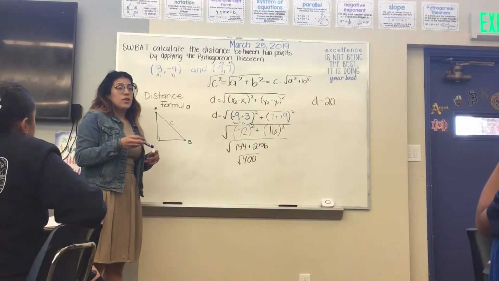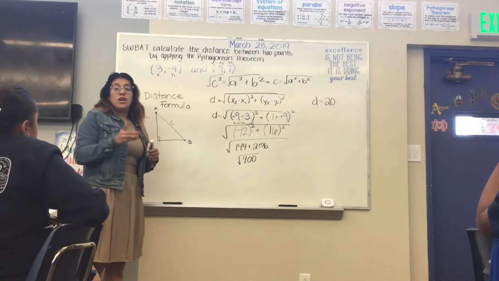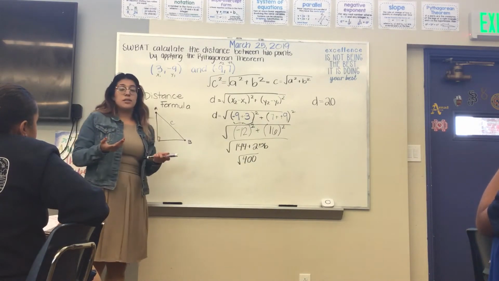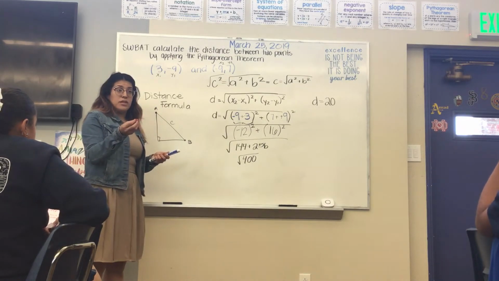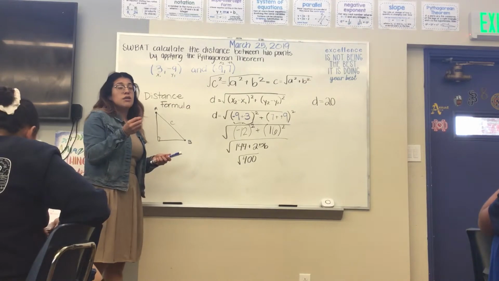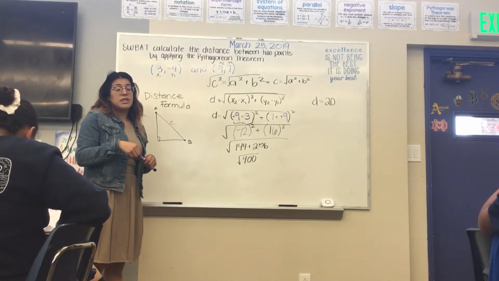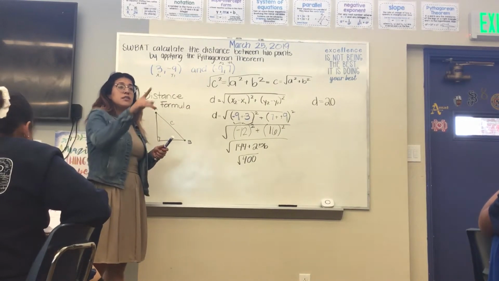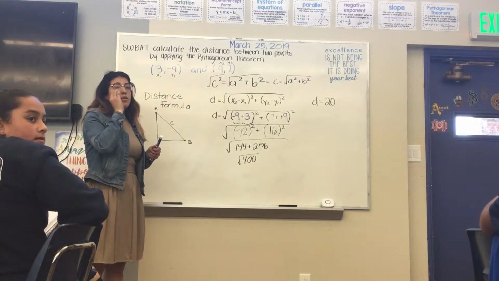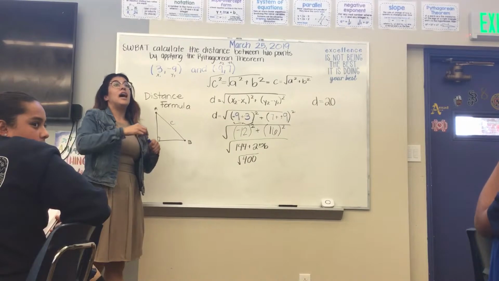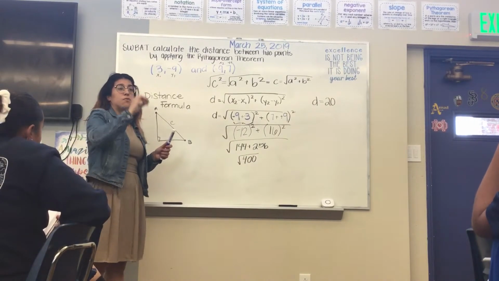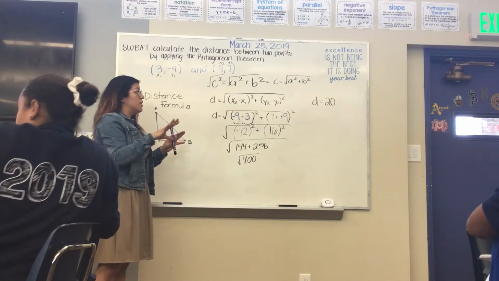Do the decimal or just leave it as it is? Yeah, you can leave it as is. If you can't simplify, you can always simplify by finding perfect squares, or you can just use it as an estimate of a decimal. Joey? You can do the square root of the two numbers that make it. Yeah, we could. So we find the perfect squares, take it, and then just leave what's on the inside.